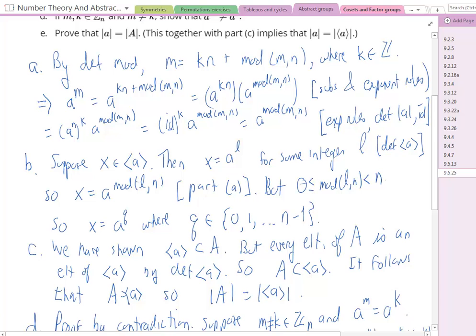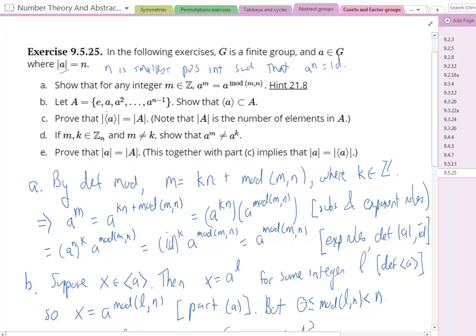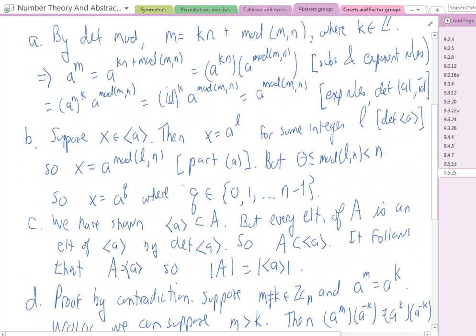So in fact, a to the mod of L n is one of these elements here, because the exponent is between 0, which would give me the identity, and n minus 1, which gives me the largest power. So x is a to the q, where q is in this set, and that's exactly what I wanted to show. So that gives me part B.